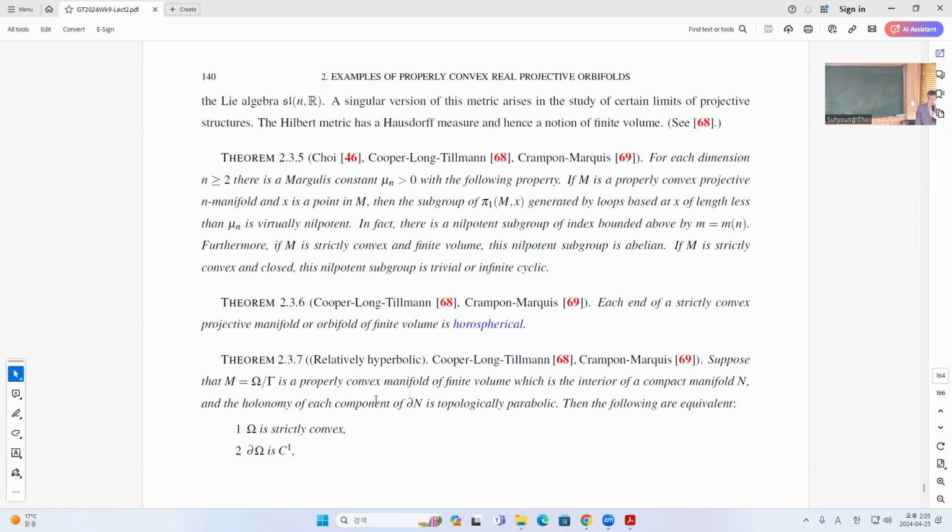This is the converse to this: if you have finite volume and the holonomy is topologically parabolic, then being strictly convex and being C1 are equivalent. That's what they prove.